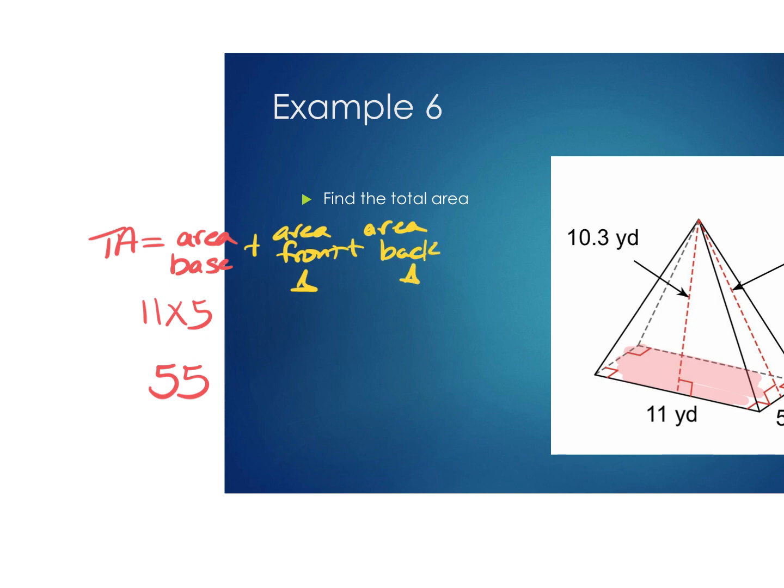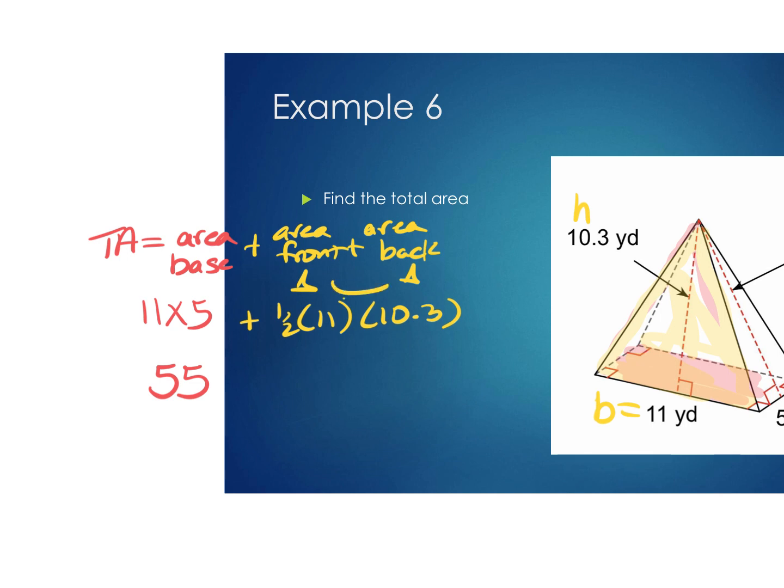So for example here, this could be my triangle here. That could be my front and my back. Notice it's got a base of 11 and a height of 10.3. So I'm going to do 1/2 times 11 times 10.3, and that's for both of them.